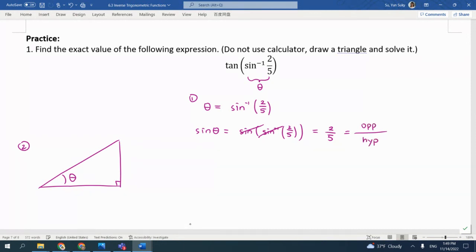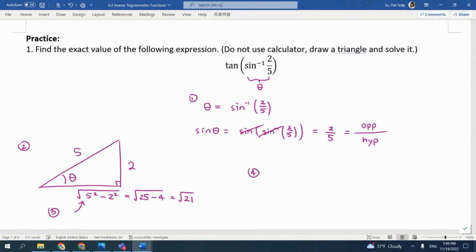So that means your opposite is 2, and your hypotenuse is 5. By the Pythagorean theorem, what's this side? Square root of 5 squared minus 2 squared. Do you see we got the square root of 21?